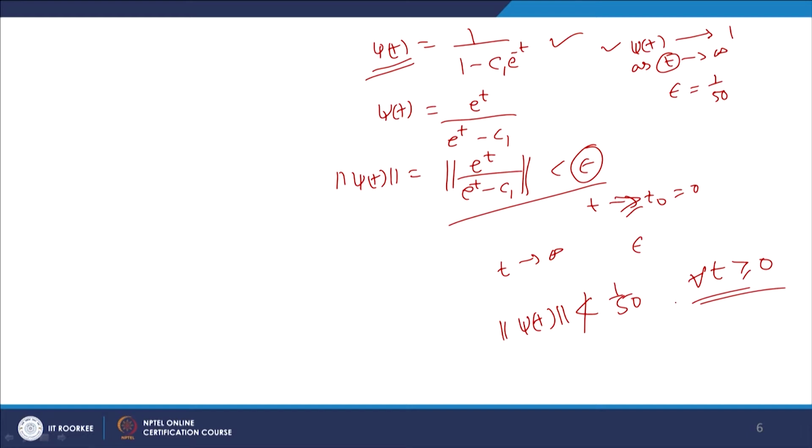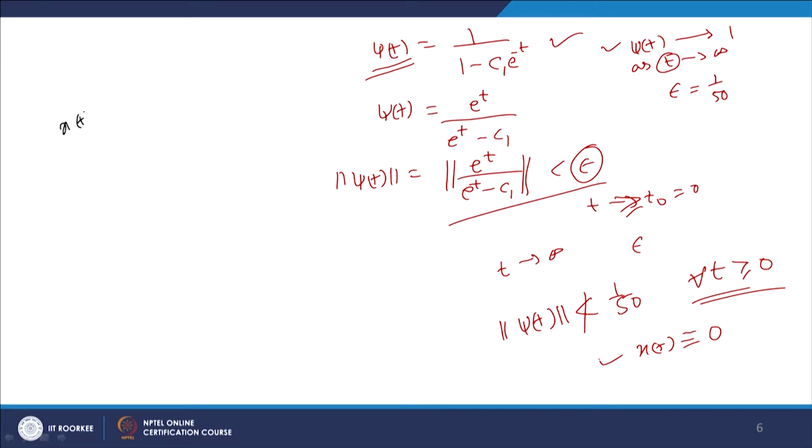So here the solution x t ideally equal to 0 is not a stable solution, because whatever be the initial condition, your solution psi t will not be bounded by an arbitrary epsilon which is less than 1.